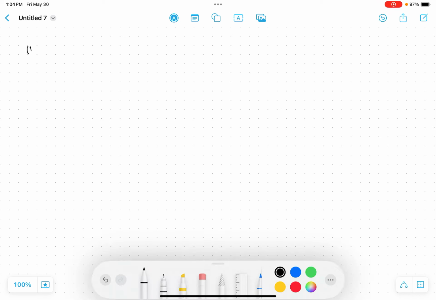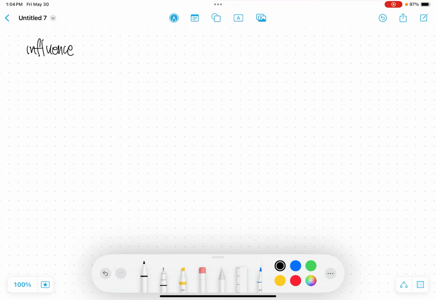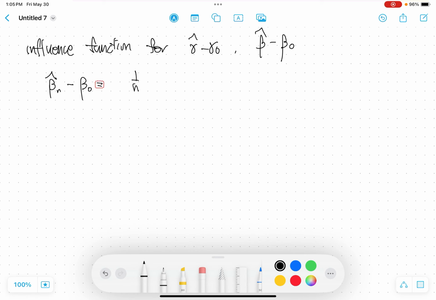so we are looking for the influence function for the second stage, the first stage estimator and the second stage estimator, right? Just in case you don't remember what an influence function is, when you have an estimator, say beta hat n, I usually use subscript n, its difference from the truth is the estimation error, and we will decompose the estimation error into the influences of each observation.